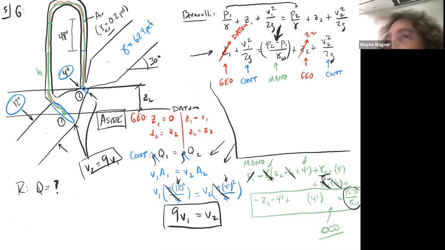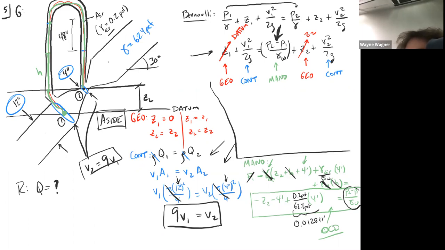So here's gamma air, 0.2 PCF over the gamma of water, which is 62.4 PCF. Okay, so if I do this on my calculator real quick, 0.2 divided by 62.4 times 4 feet equals, so this number right here is 0.012821 feet.